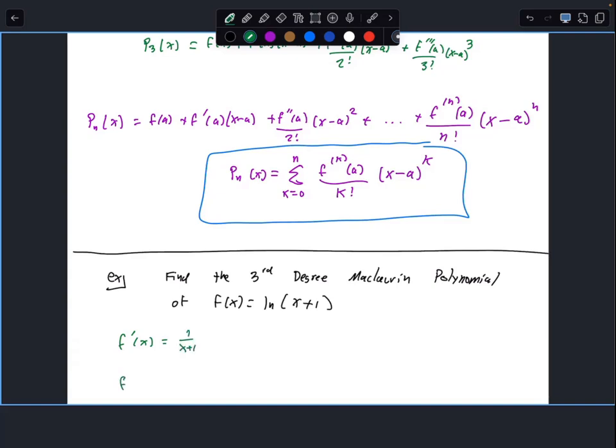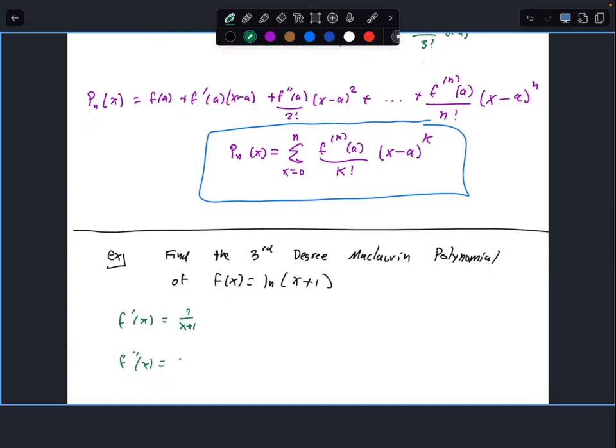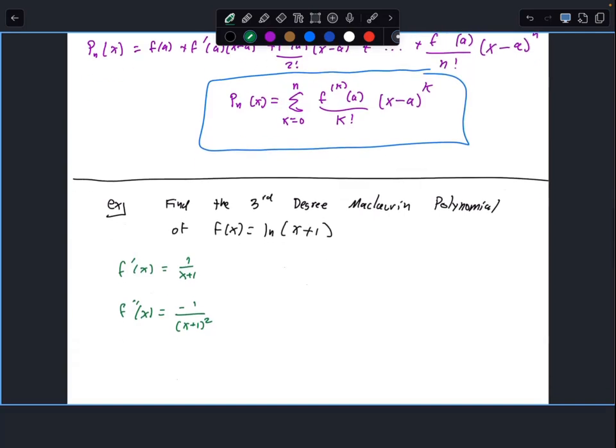F double prime of x would be negative 1 over x plus 1 quantity squared. And the third derivative would be positive, because a negative 2 times negative 1 gives me a positive 2 over x plus 1 quantity to the third. It would alternate positive, negative after that first term.